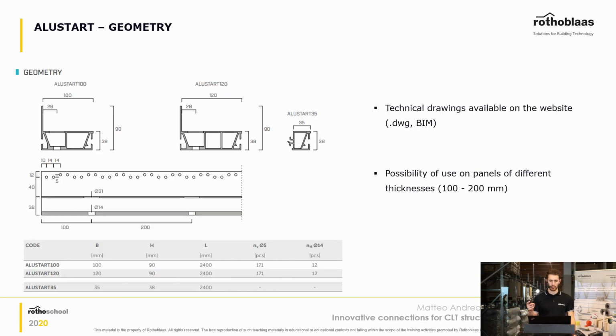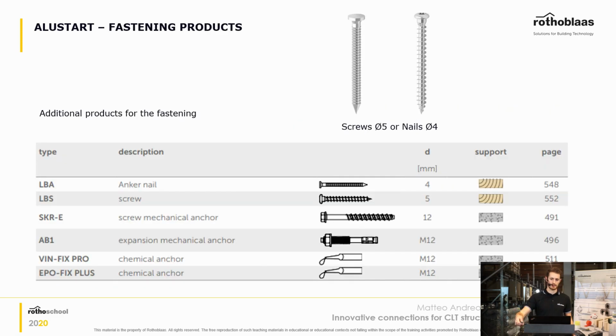And on the Rothoblaas website, the DWG and all the drawings of this product are available. And of course, we have different dimensions of Alustart, so that you can use the same product for different thicknesses of your CLT panels.